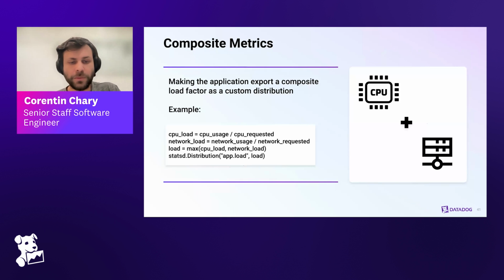Another option is to have a third-party job that will read the simple metrics that you have from Datadog and periodically re-export a composite metric made of all of them to Datadog again.